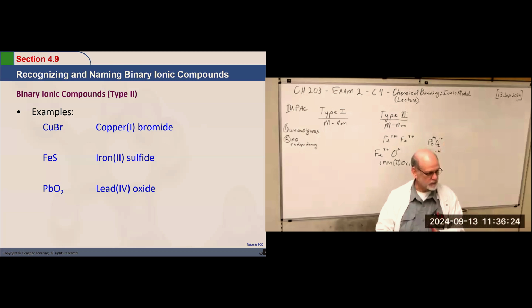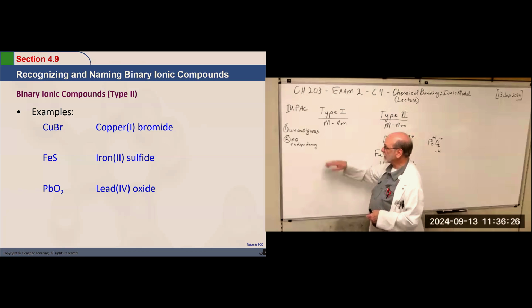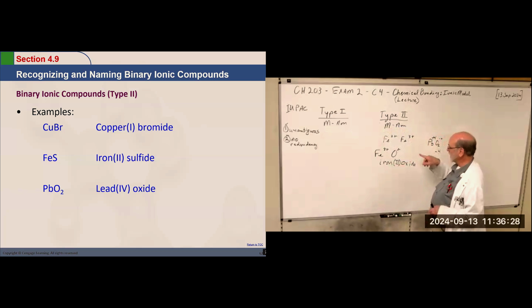Okay? Those are type 2 compounds. We make them unambiguous by saying what the charge is on the metal.